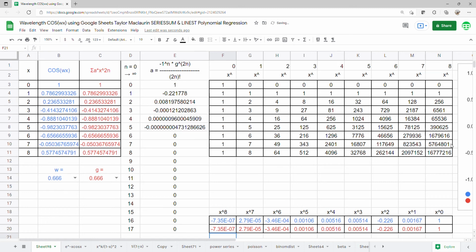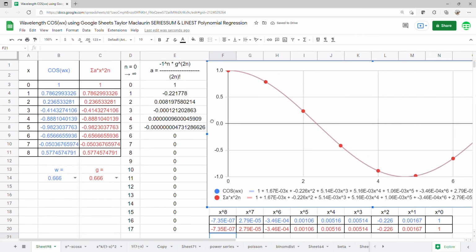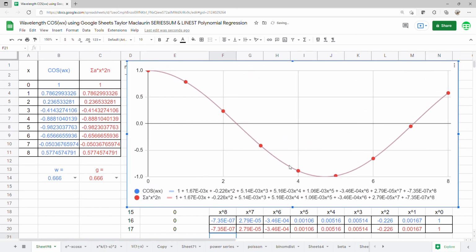And let's compare our polynomial regression coefficients against the chart. X to the 0, that's 1. Coefficient of x, that's 1.67 times 10 to the minus 3. Coefficient of x squared, negative 0.226. Coefficient of x cubed, 5.14 times 10 to the minus 3.